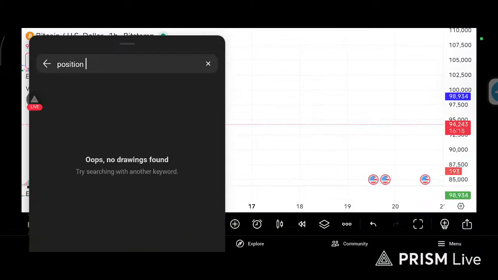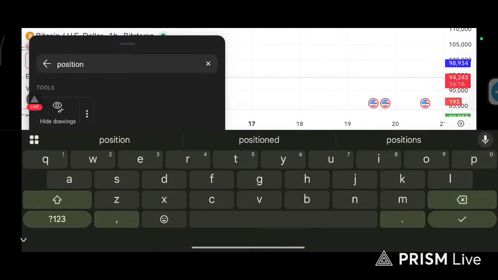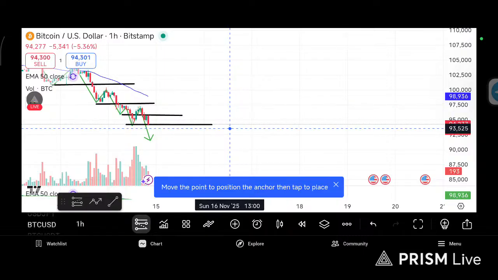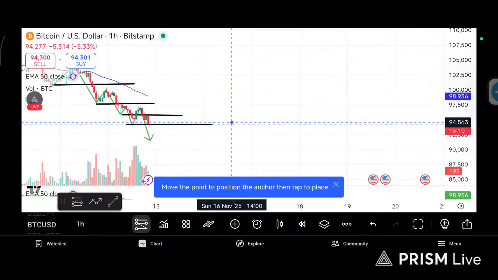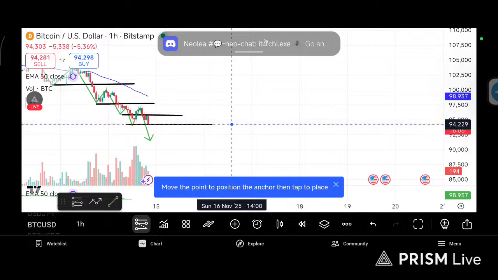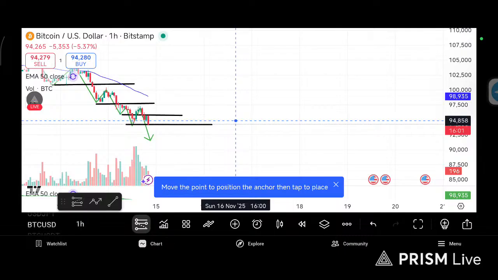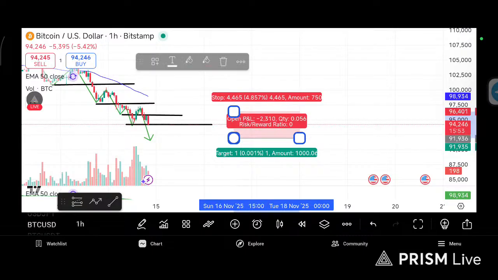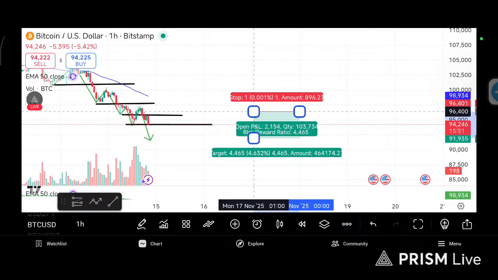So you type your position. Alright, that is a sell position. Now that it has formed a bearish candle, a bearish engulfing condition that the market is going to turn down, we can come here and enter right here at the current market price. Then you drag it.